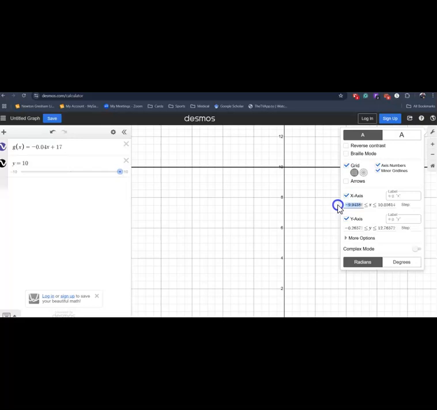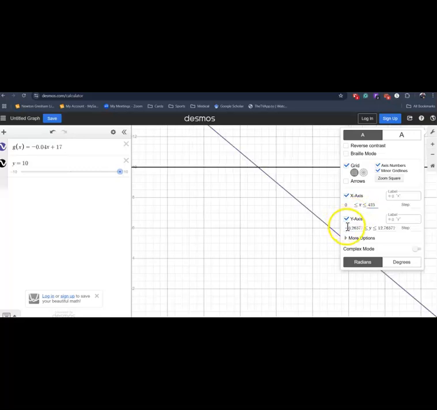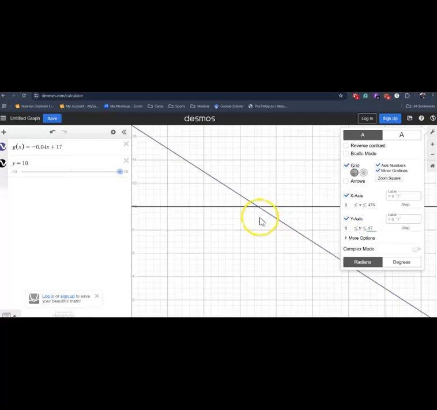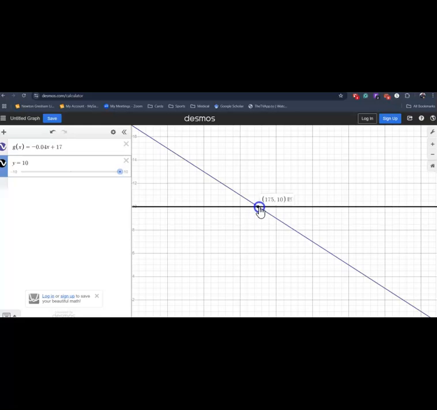My practical domain went from 0 all the way up to 425, the most miles I could drive, and my number of gallons was from 0 to 17. Even the first time I could see where this intersection was. If I have 10 gallons remaining in the tank, I could drive 175 miles.